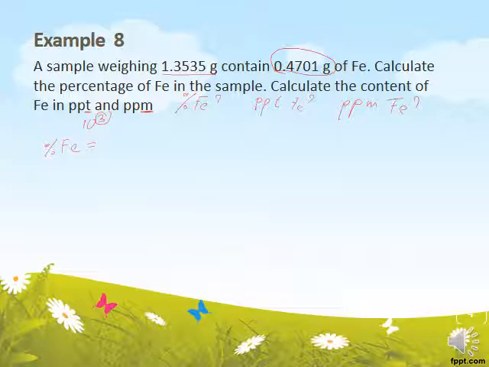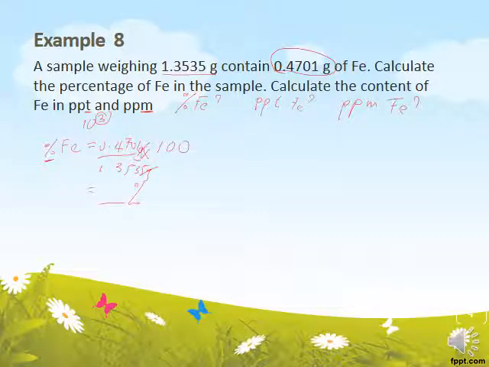Percentage here is times 100. By definition, this is the amount of substance, which is 0.4701 gram, over 1.3535 gram, so we can cancel the similar unit gram here. So you will get the answer in percentage.